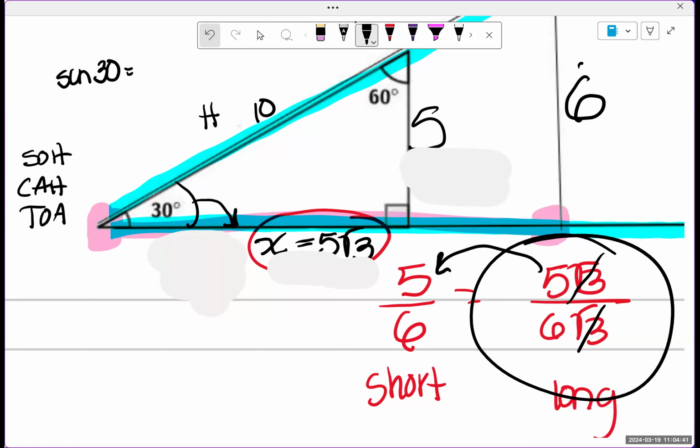The side that I'm touching is adjacent. And I throw the eraser, and the one that I hit is opposite. So what is the sine of 30 degrees? Opposite over hypotenuse, which reduces to 1/2.